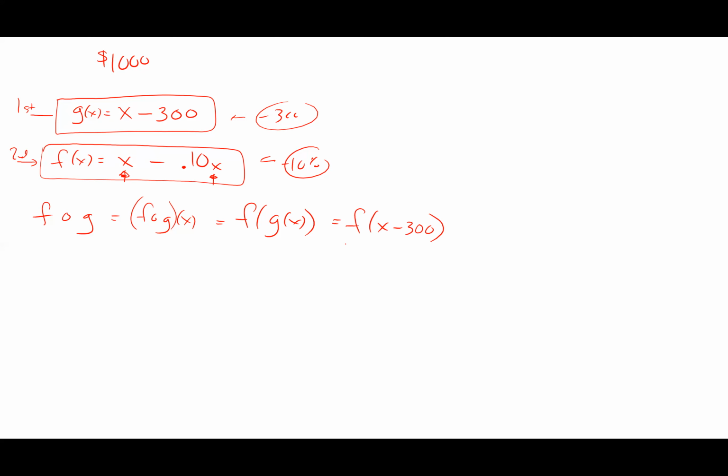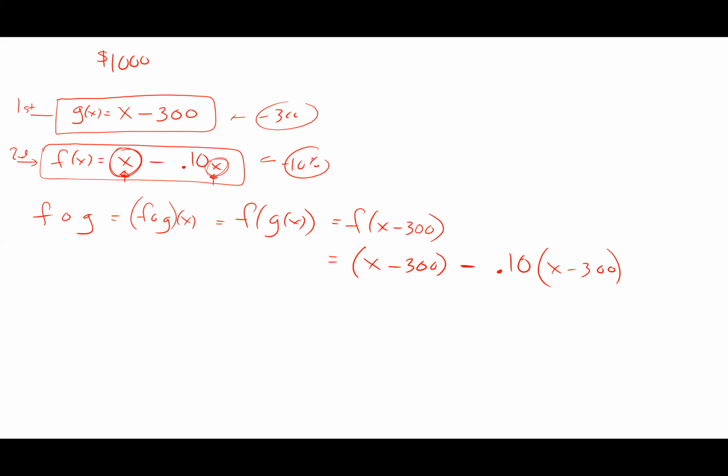So we're going to plug in the x minus 300 into both of them. This is going to go with x minus 300, which is what I just did right here. This is that one right there, minus 0.10 of x minus 300. That's this piece right here. So I had to plug in two different x's to make them x minus 300s.